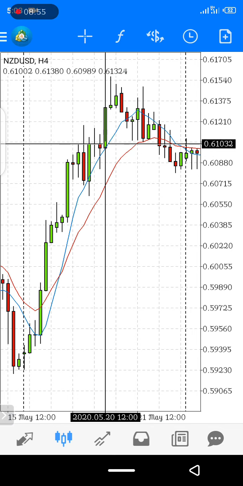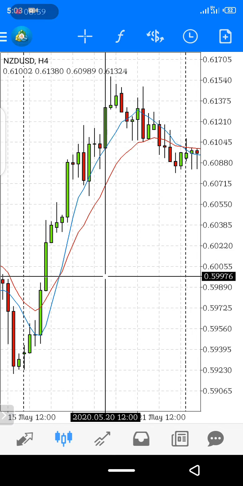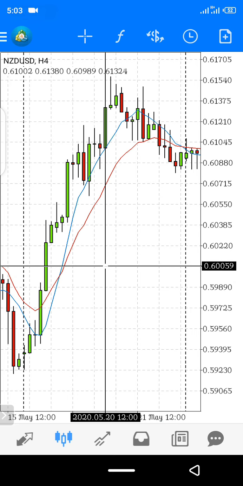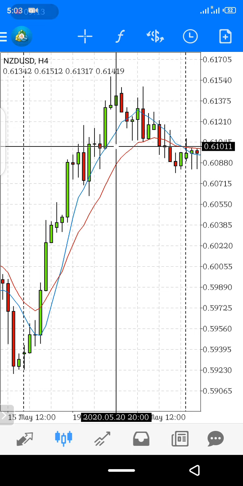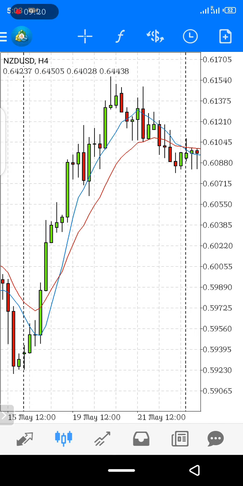Let's say you bought here at 99984, about 9, and exited at the next cross at 6056. That's about 1000 pips. 0.1 times 1000 pips, you would have made $100. A simple way to make $100.